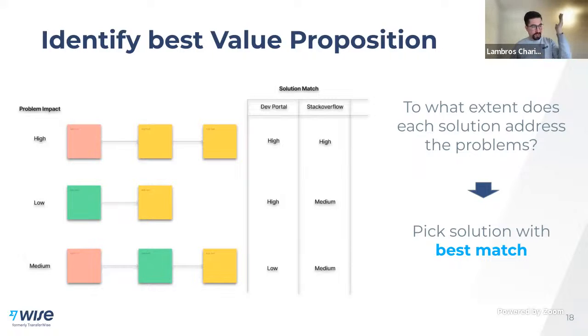Dev Portal, Stack Overflow, Confluence, whatever it might be. And you can then think about to what extent does this solution fix this journey, and you can multiply them and then sum them up. And at the end, you get a score and you can pick the one with the best match, for instance. And this again worked pretty well for us.